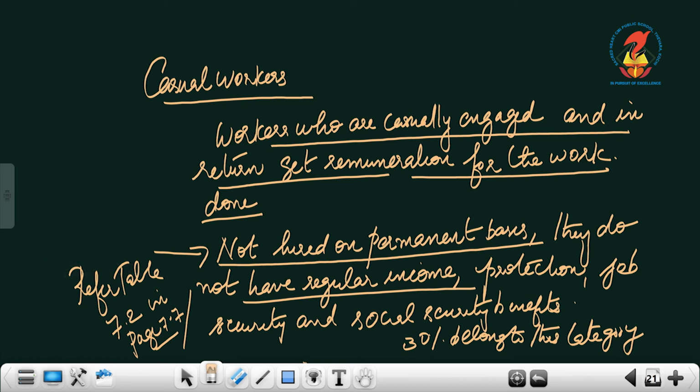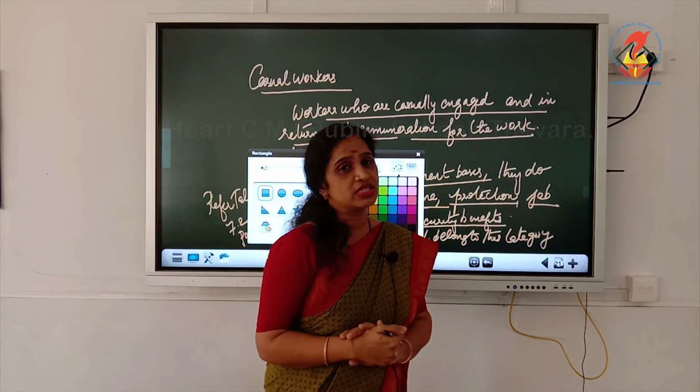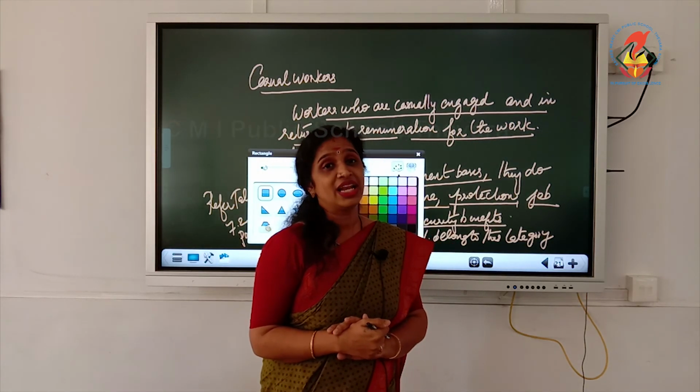Only for those days they are coming, they will be paid the wages. So they don't have a regular income. They don't have any protection. They don't have any job security. They can be kicked out at any time and they don't have any social security benefits like pension or provident fund. That is the feature of casual laborers.